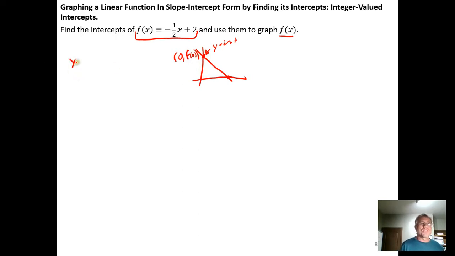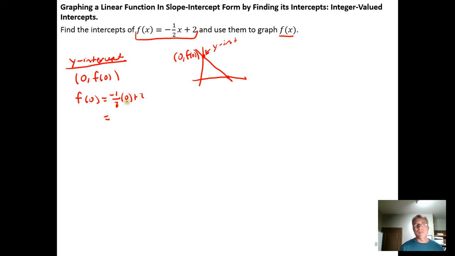So for the y-intercept, what we have to remember is we're going to plug in 0 for x, and then we need to evaluate the function at 0 to find that intercept. So we'll take our function f of 0, here's f of x, so everywhere we see an x, we replace it with 0, so we get negative 1/2 times 0 plus 2.